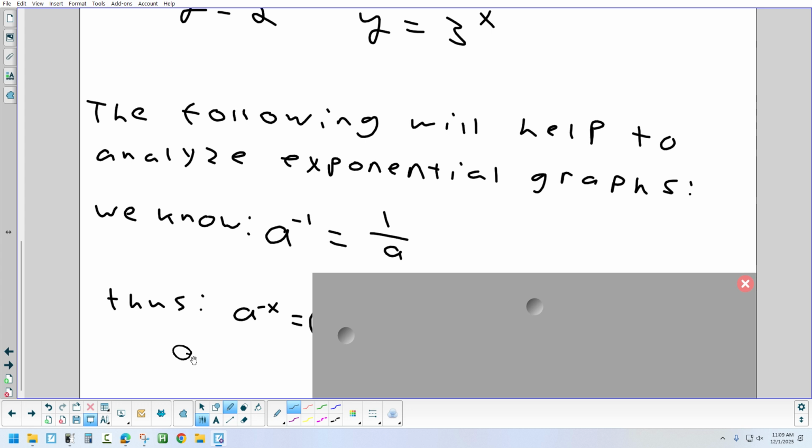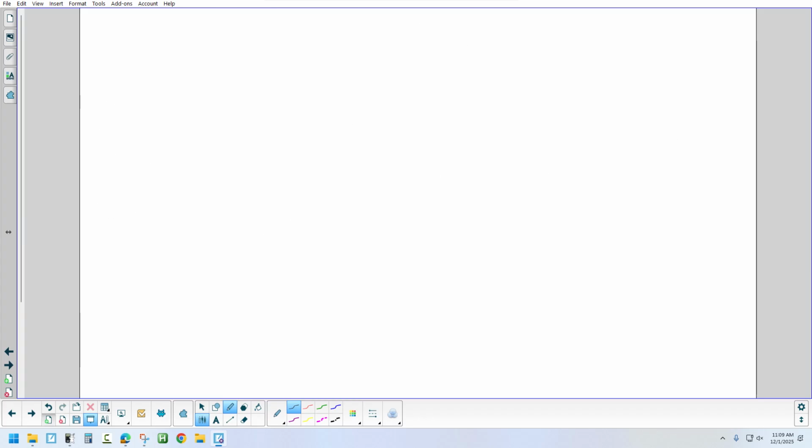So it's like we have a to the negative 1 times x. That's what that means. But what I want to focus on is this. You're multiplying two things together in an exponent. Does anybody remember, if you had something like this, how would you simplify that?